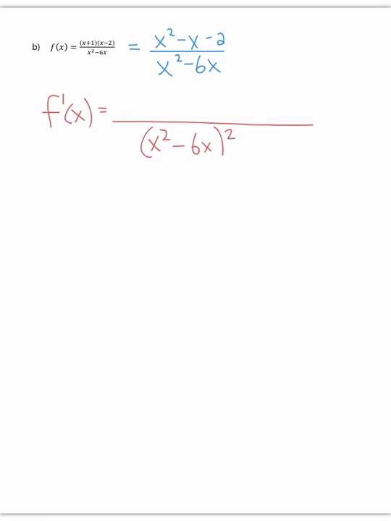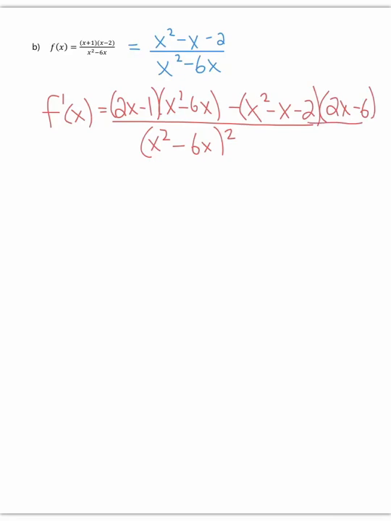On the top here, first spot right here, we have to take the derivative of the top, make sure if it's a binomial that it is in brackets, times the bottom, minus, freeze the top, times the derivative of the bottom.